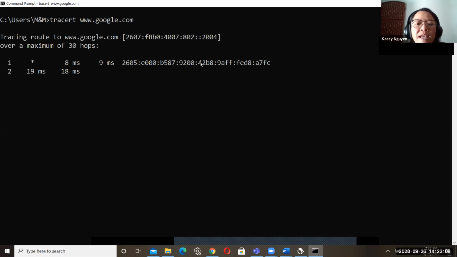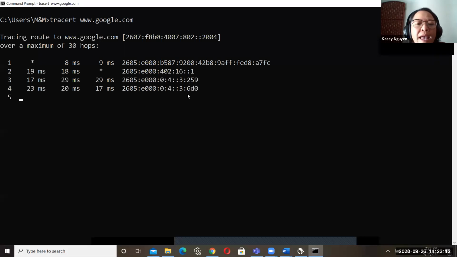Okay, so it's leaving my computer, right? And here it uses version 6 addresses. So it passes, as you can see, through many networks in order to get to Google.